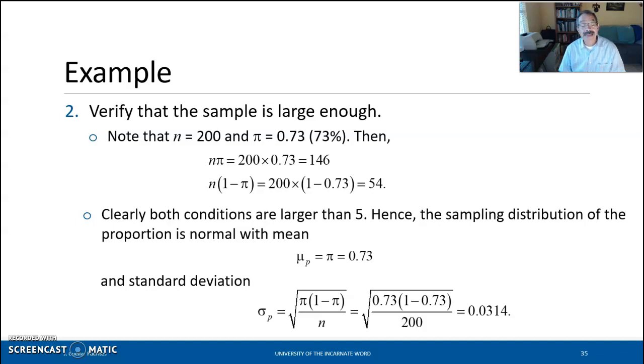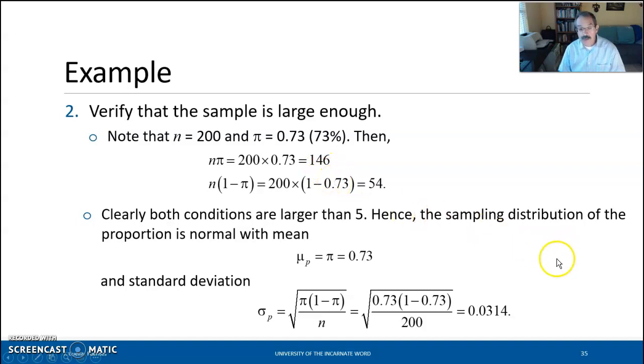So given that, the next step is to verify if we can say that the sampling distribution is normal. In this case, since the sample size is given and pi is known from the description of the problem, we can verify that these two conditions are definitely larger than 5.